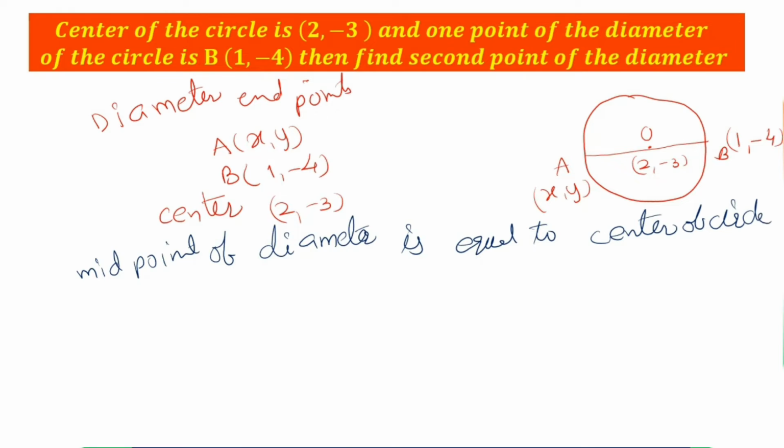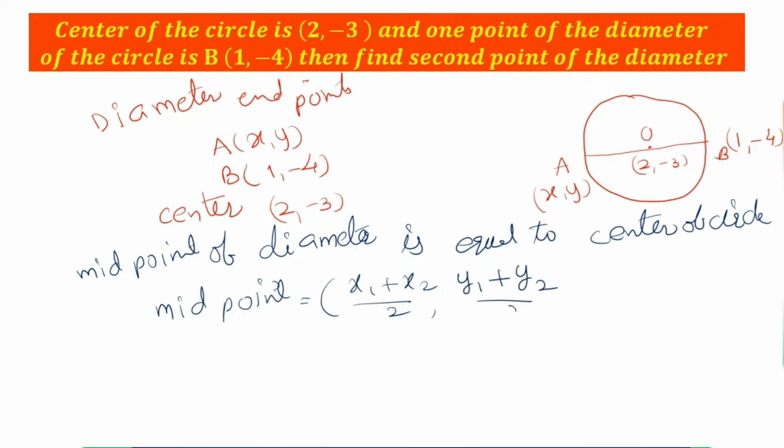So use the midpoint formula: sum of x coordinates by 2, that is (x1 plus x2) by 2, and (y1 plus y2) by 2.